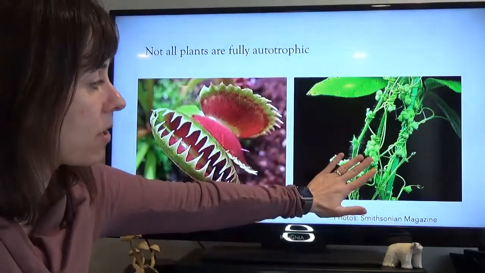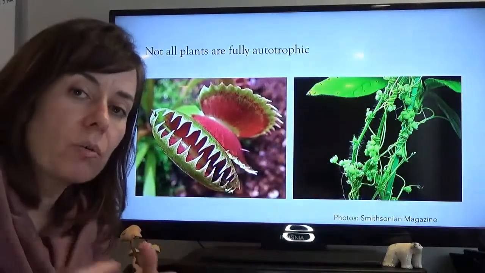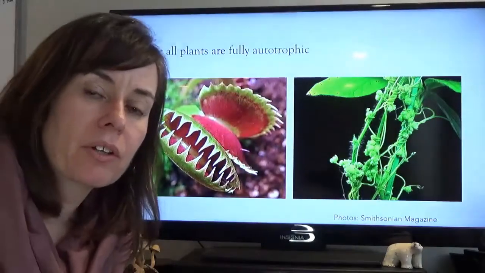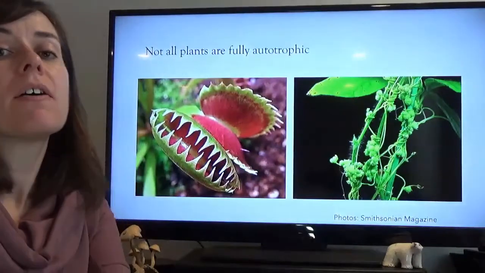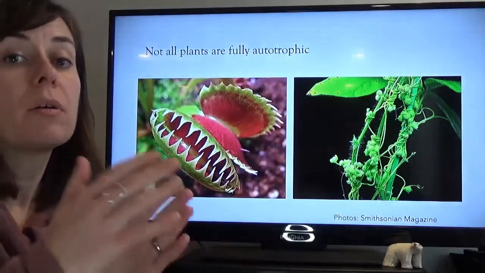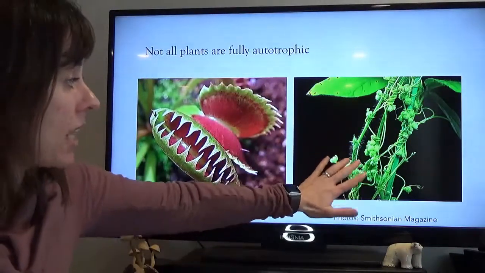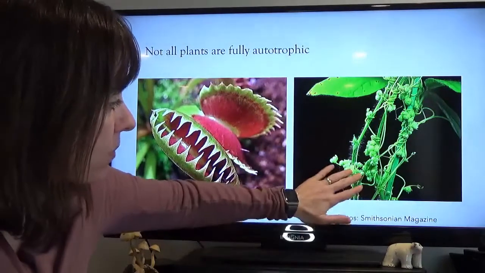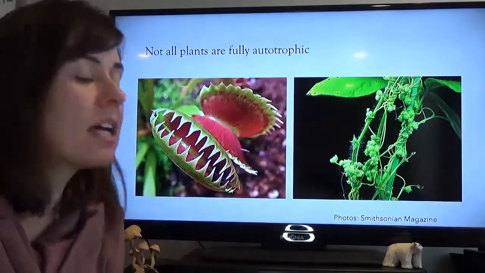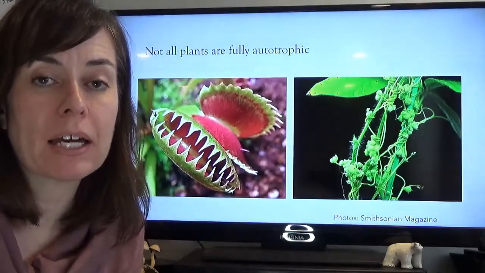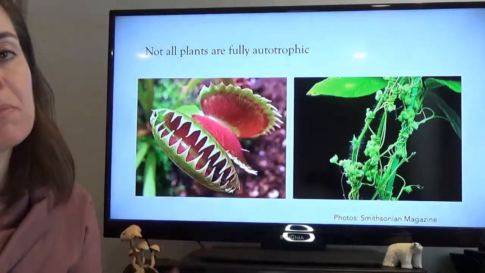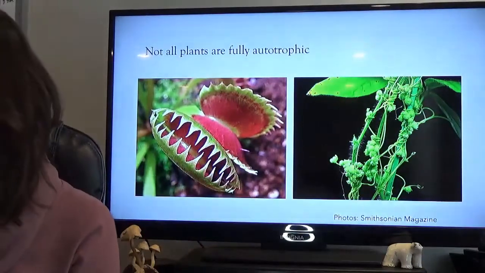This is a parasitic plant that takes resources from the phloem of its host plant, and also uses its host plant for support. But even though it's a plant and probably has the ability for some photosynthesis, we see some greenness there, most of its nutrition, most of its energy requirements are provided by a host plant. So there are some different ways that plants can earn a living.